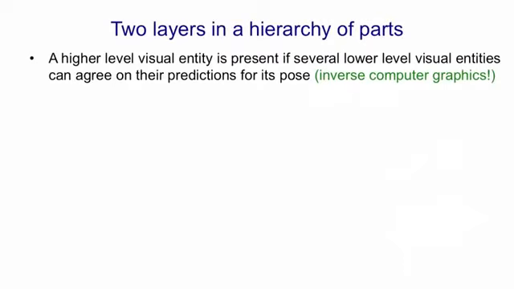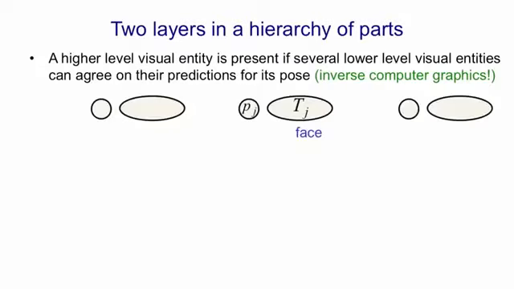So here's two layers in a hierarchy of parts, where the larger parts can be recognized by consistent predictions from smaller parts. Let's suppose we're looking for a face, and so in the middle here, the ellipse with TJ in it is a collection of neurons that are going to be used for recognizing the pose of the face.